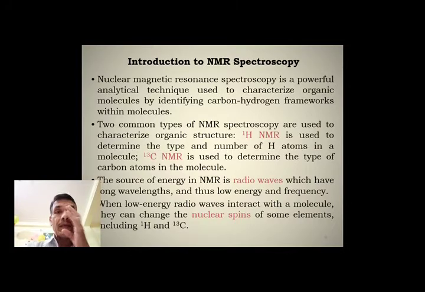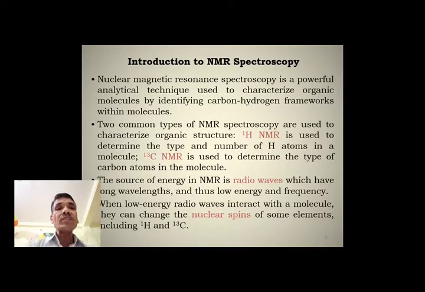The common types of NMR spectroscopy used to characterize organic molecules are proton magnetic resonance spectroscopy, which is used to determine the type and number of hydrogen atoms present in a molecule. The other type is known as C13 NMR spectroscopy, which is used to determine the type of carbon atoms in the molecule.